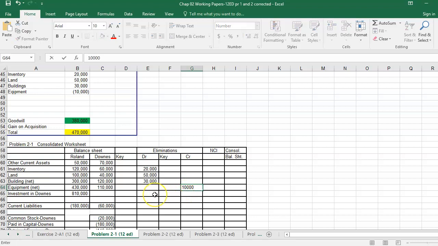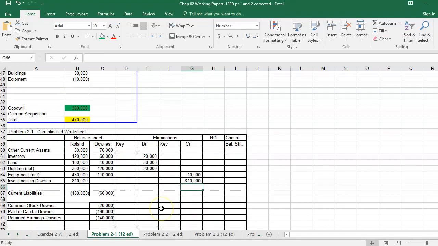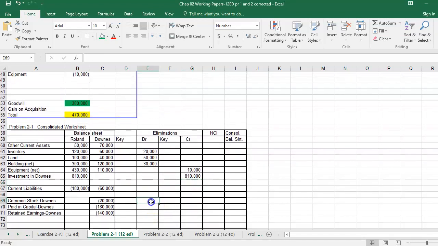All right, I also have to take off my investment. So I'm going to credit my investment for 810 because I can't have that on a consolidated. I can't have an investment in myself. All right, the equity section of Downs has to go away, so I'm going to debit those accounts.